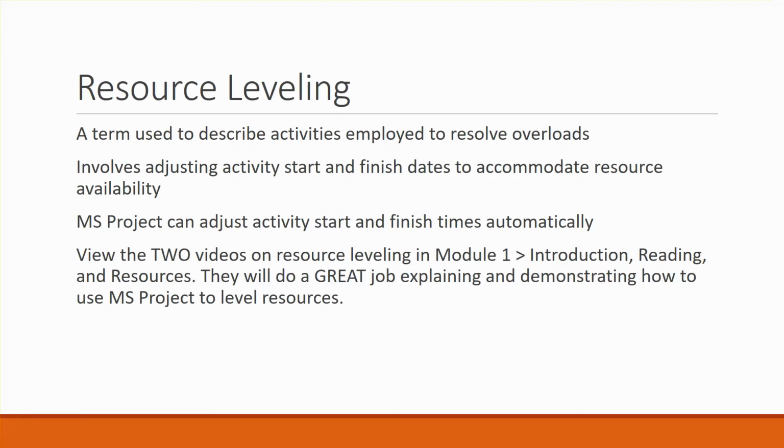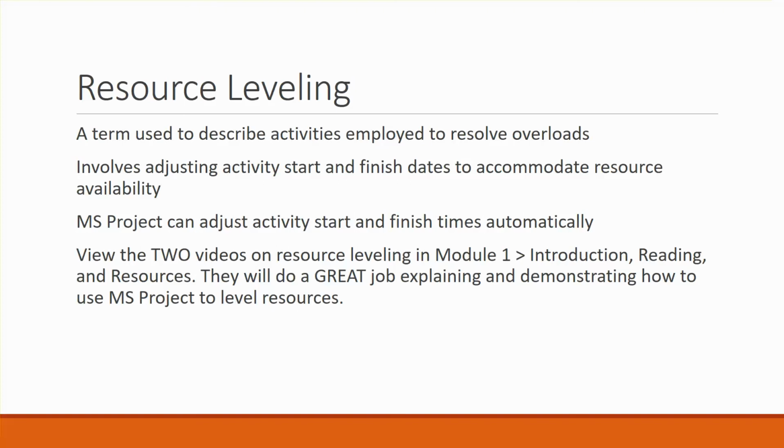So one of the ways that we go about resolving over allocated resources is a term that's called resource leveling. And this term describes all of the various types of activities that you could use to resolve any overloads or over allocations. It can involve adjusting the activity start and finish dates so that we can accommodate resource availability.